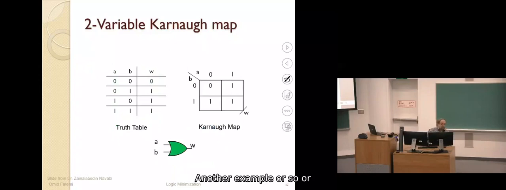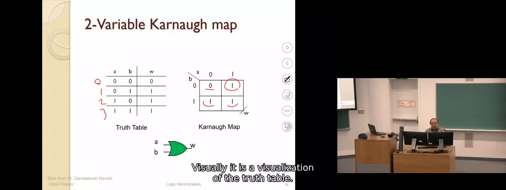Another example, OR. OR becomes this: row 0 is 0, row 1 is 1, row 2 is 1, and row 3 is 1. Again, the same thing. We can see the Carnot map visually.